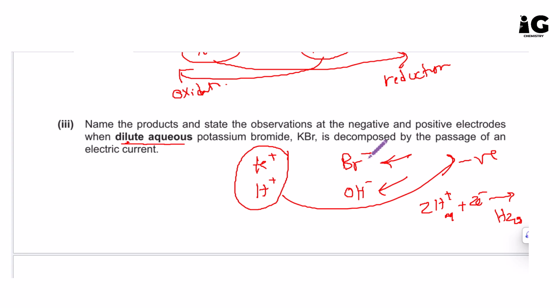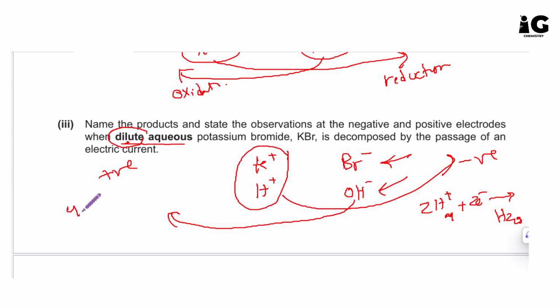And here we have Br- and OH-. Which one is more likely to be oxidized at the anode? According to the word dilute, it's really important to take care about this. Br-, or bromide, which is a halide, will not be oxidized because it's dilute. So in this case, OH- goes to the positive anode, forming oxygen gas according to this half equation.